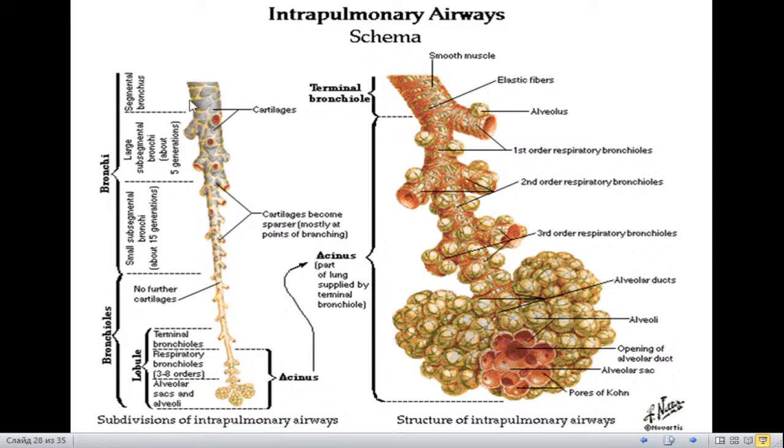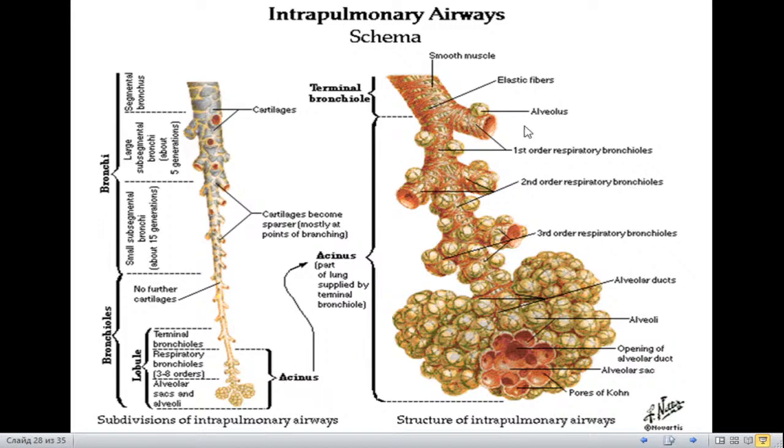So in the picture you can see that in the bronchus the cartilage is present, but from the time when cartilage is absent, we call this structure bronchiole. And finally all this divides into the terminal bronchioles, and all structures which divide from the terminal bronchioles got the name acinus.